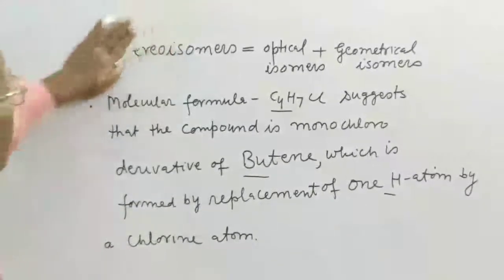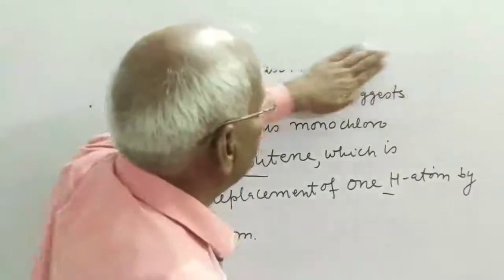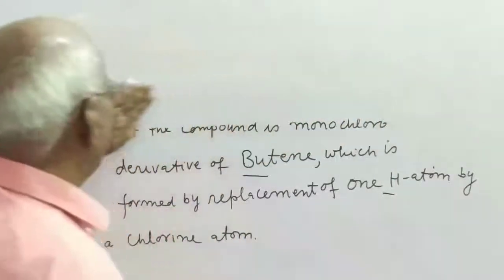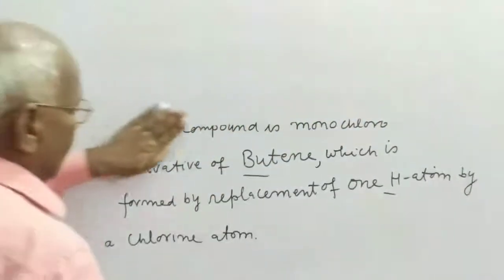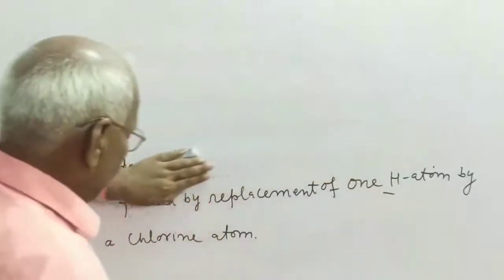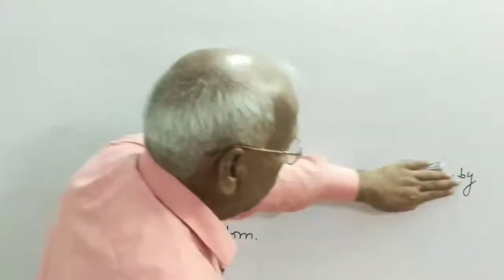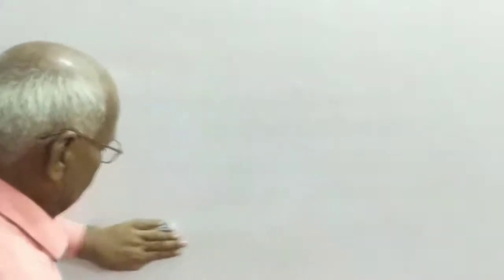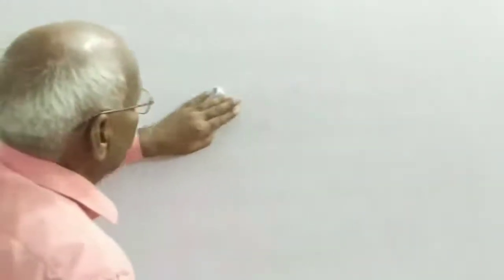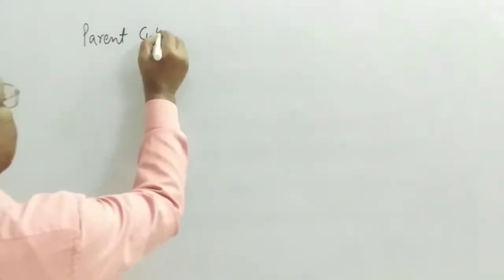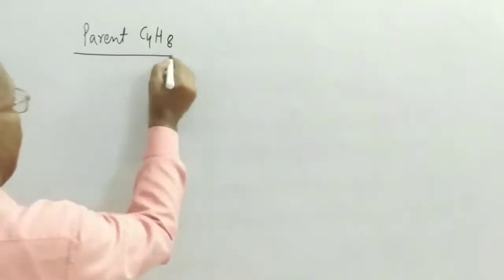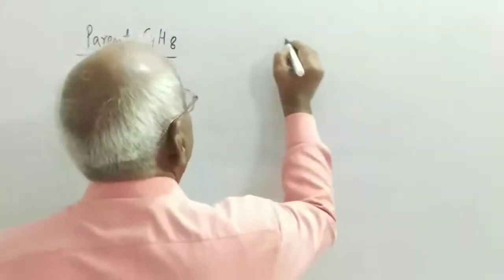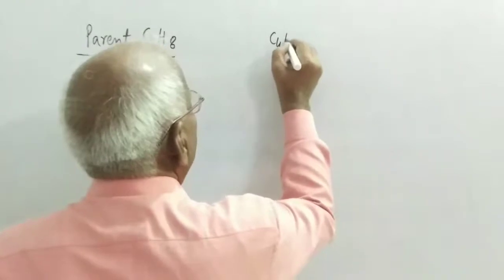If we know the different structural formulas of the parent butene, then we can easily produce the number of isomers of the given molecule. So the knowledge of different forms of butene, which is the parent, is essential. So the parent is C4H8 and the compound is C4H7Cl.